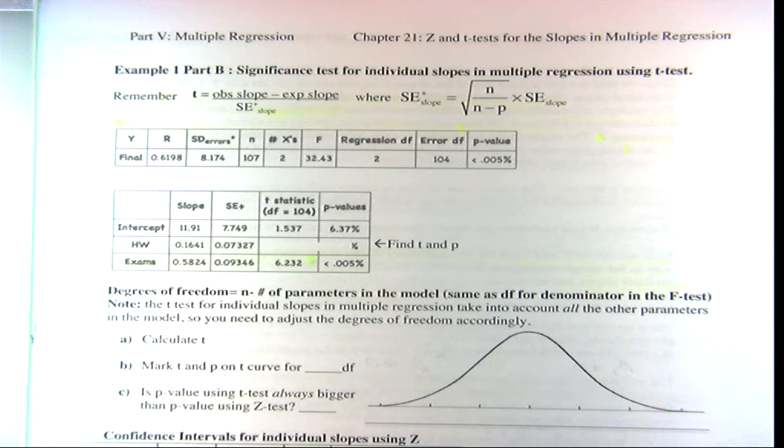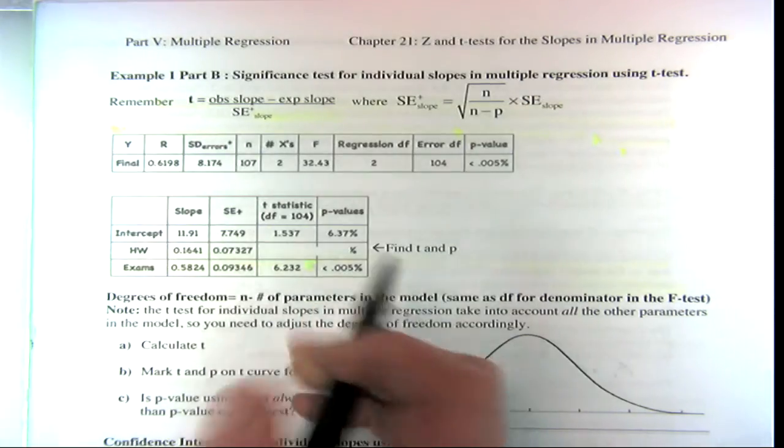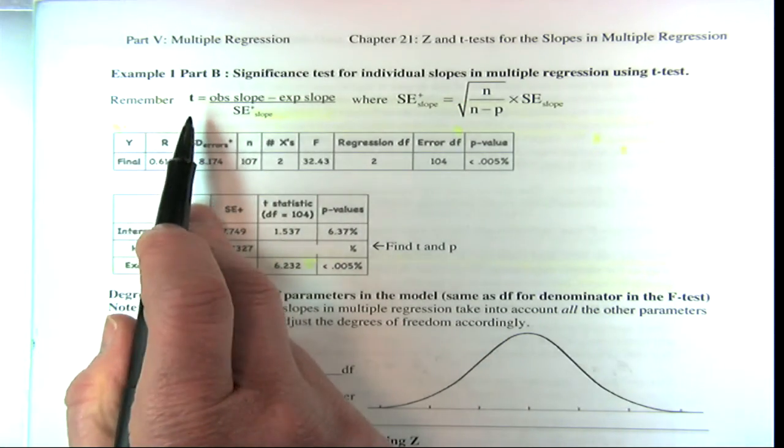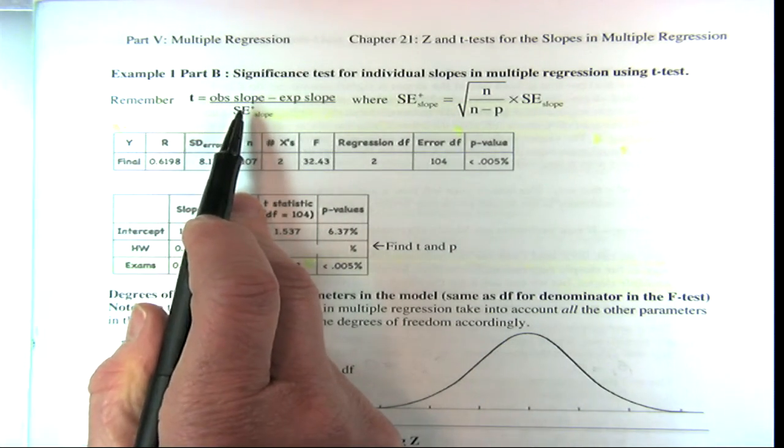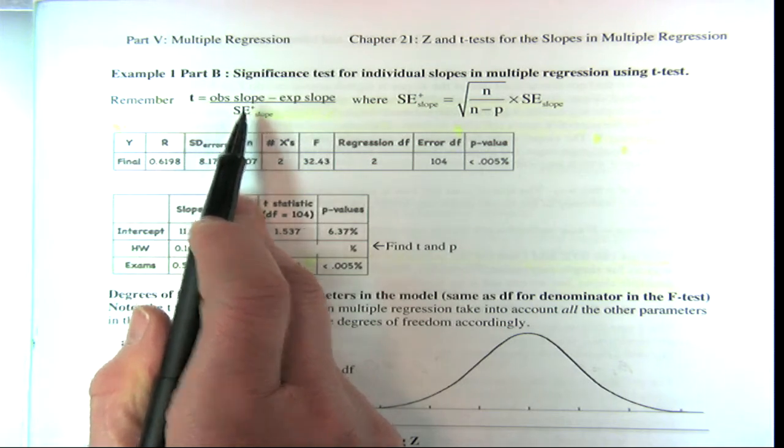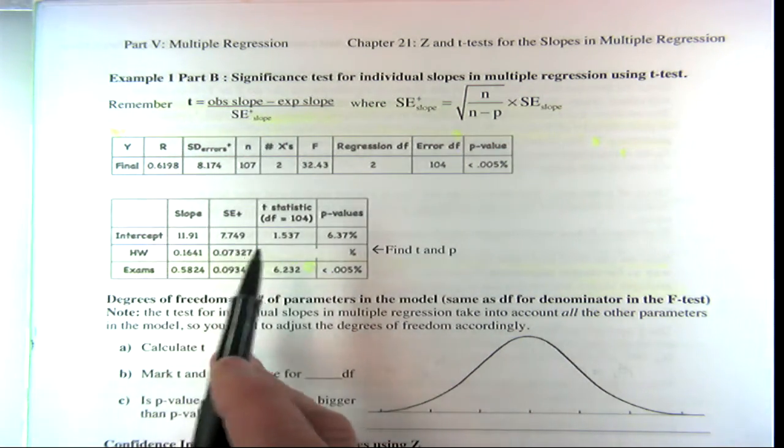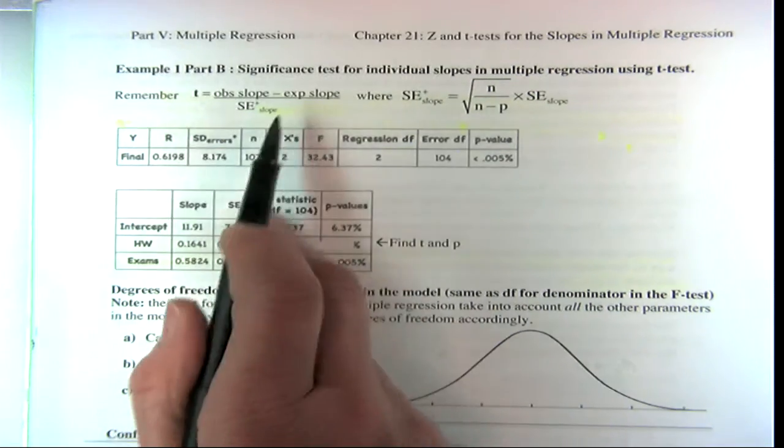All right, so again, it's very, very similar. The t is going to be the observed slope, which is the same slope that we had in our model, minus the expected slope.